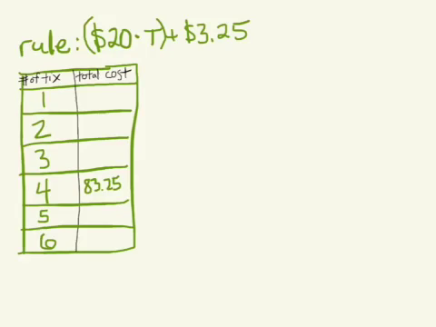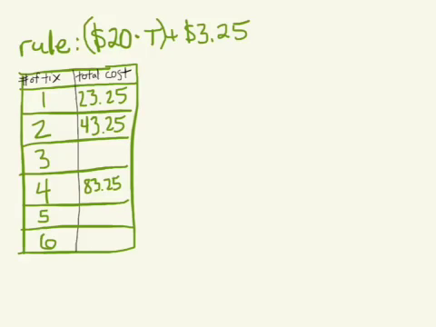If my friend were to have bought only 1 ticket, that would mean that 1 would be the value of T. So 20 times 1 would just be 20, and then the service charge of $3.25. If my friend bought 2 tickets, that would mean that T is 2. So $20 times 2 would be $40, plus another $3.25, $43.25.